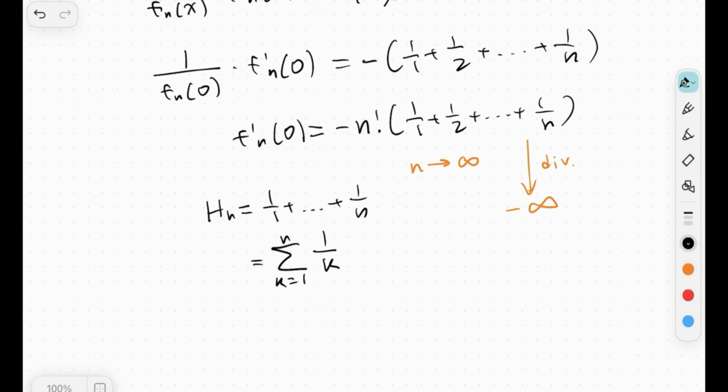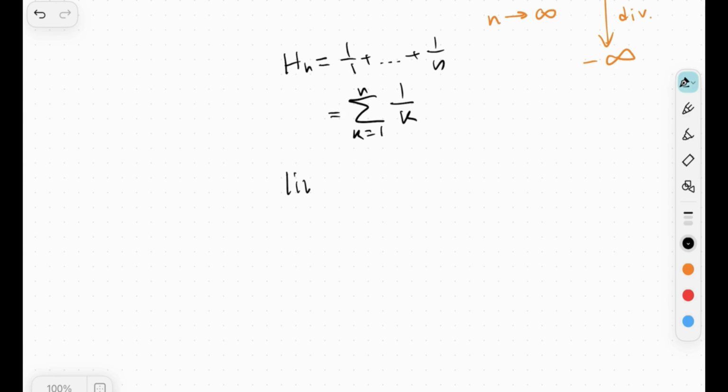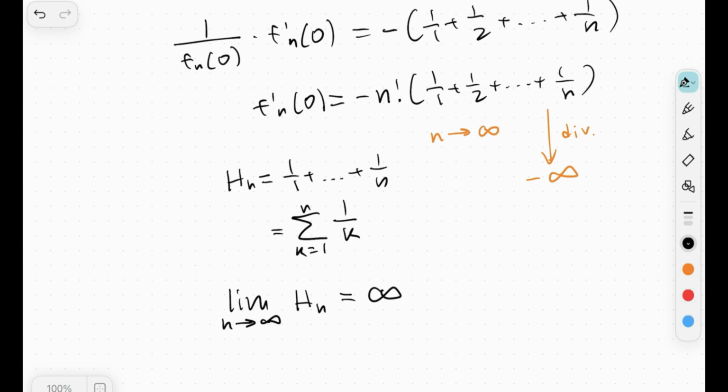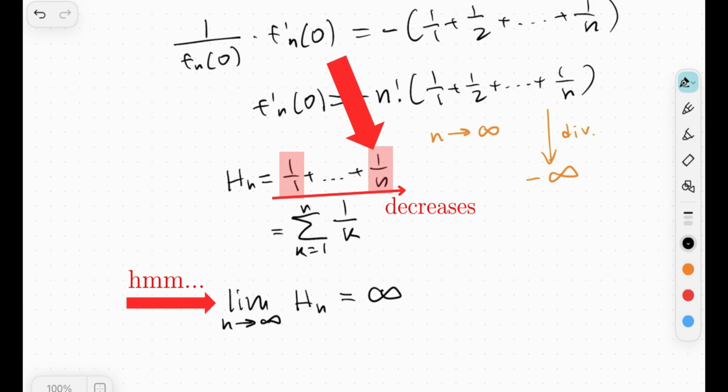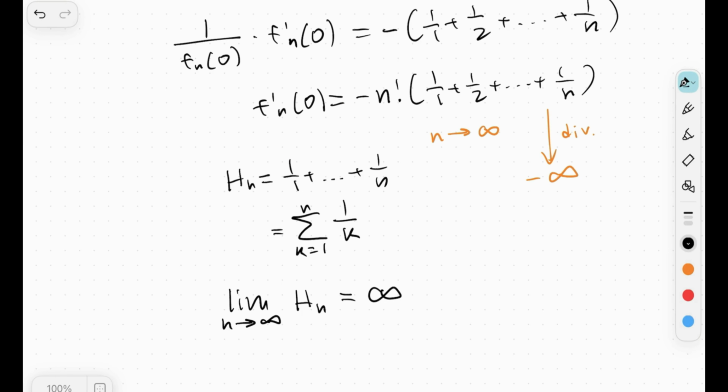So this is also another way to write the harmonic series, and it actually turns out that the limit as n approaches infinity for h sub n would actually go to infinity, which is kind of strange because you can see that the terms here would obviously decrease, right? As n becomes larger and larger, this last term would actually shoot towards 0. So it's kind of interesting why this would still diverge to infinity. Anyways, that could be a topic for some time else.